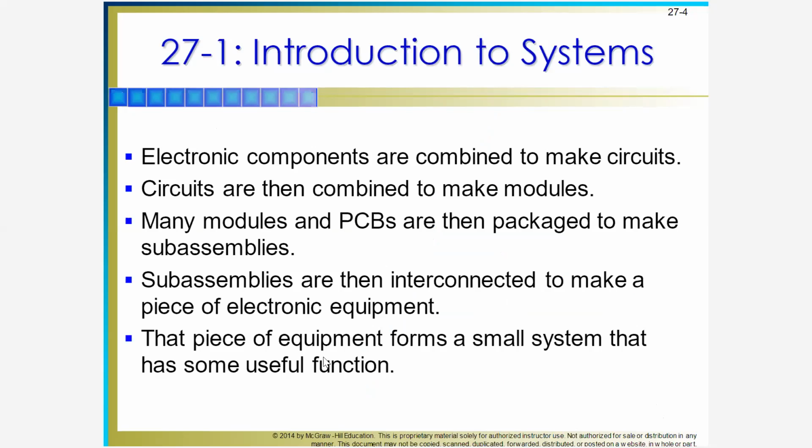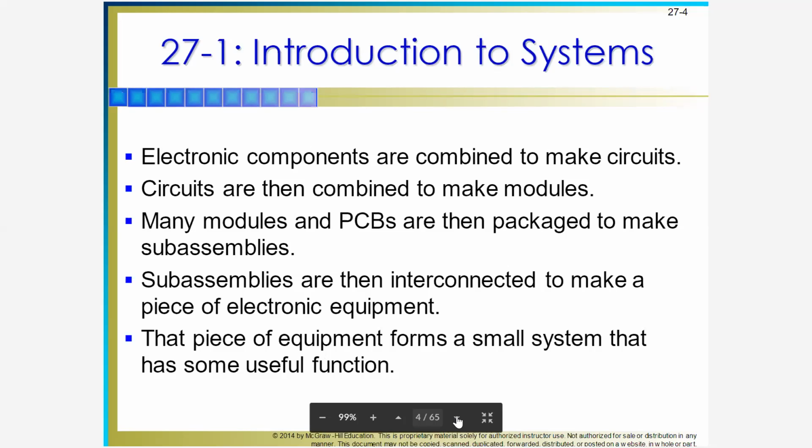Circuits are then combined to make a module. Modules and PCBs are combined to make sub-assemblies. Sub-assemblies are then interconnected to make a piece of electronic equipment. This piece of equipment is a small system that has some useful function.